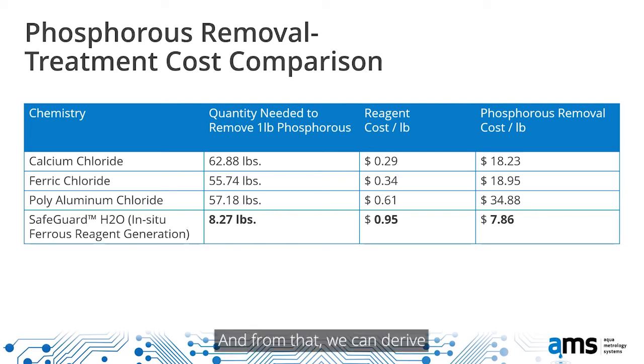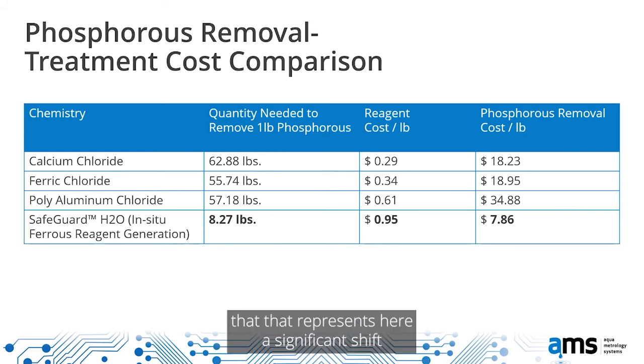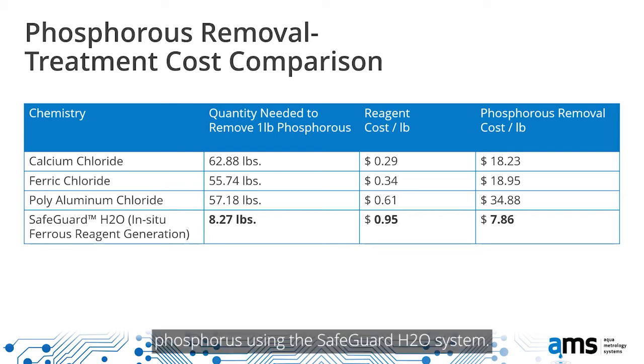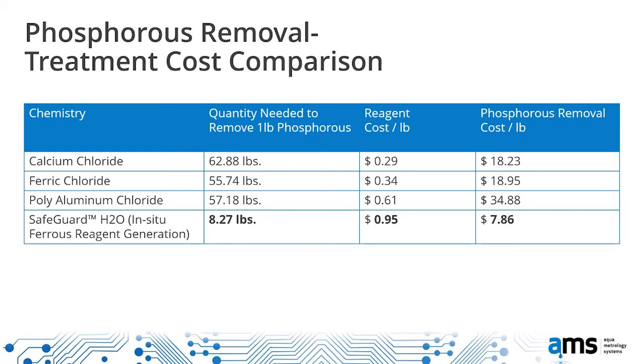And from that we can derive the cost per pound of removing phosphorus. And you can see in this table that that represents here a significant shift in the cost of removing phosphorus using the SafeGuard H2O system.